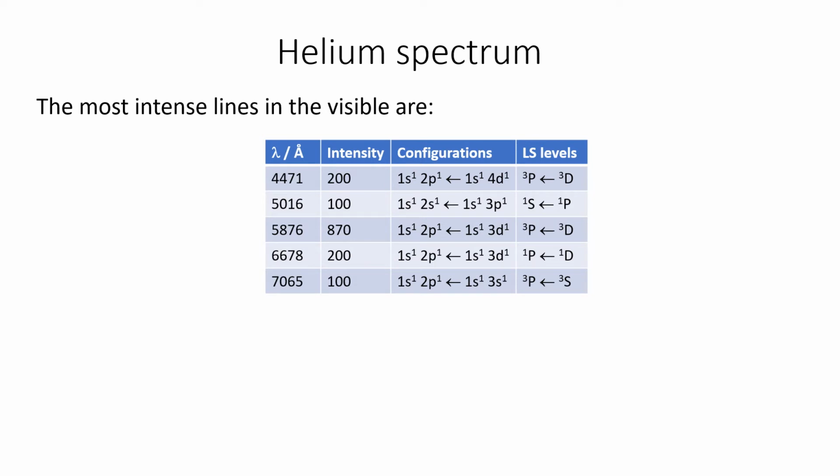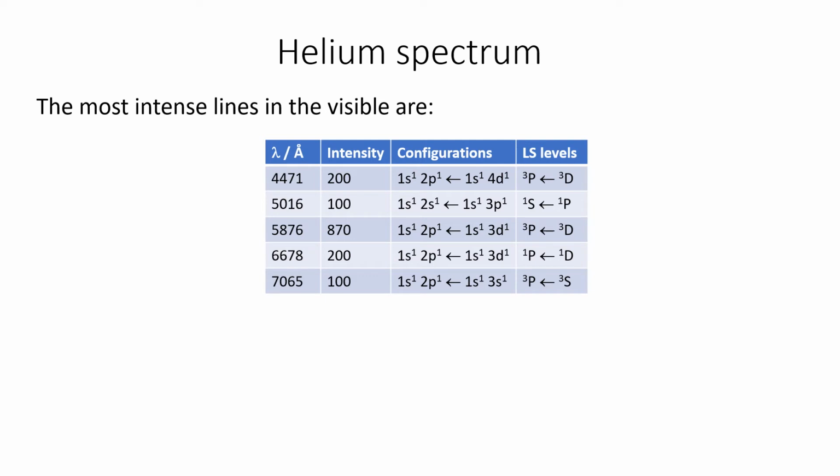And so looking at these LS levels in the right hand column, I've already made reference to the fact that we've got these threes or ones as superscripts. And again we see that transitions remain within triplet levels or within singlet levels, but never between a singlet and a triplet. And the other thing that's interesting there is looking at the capital letters.